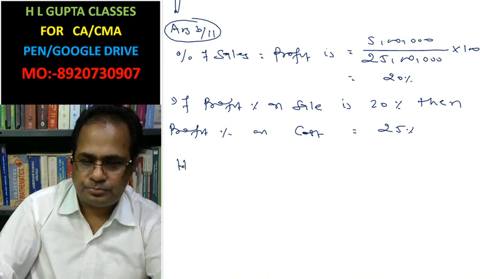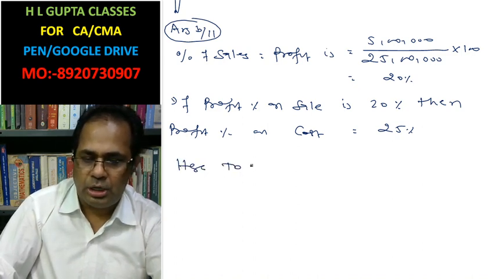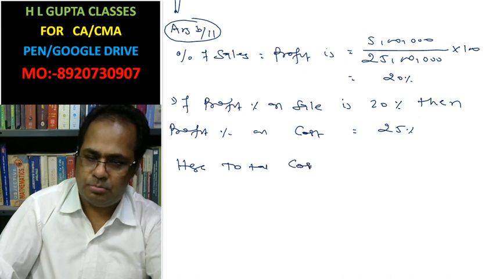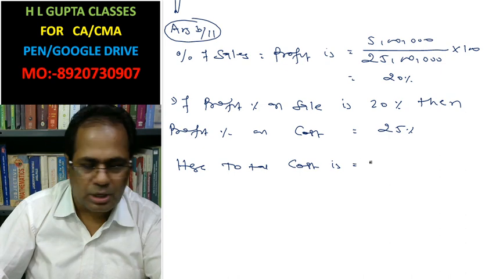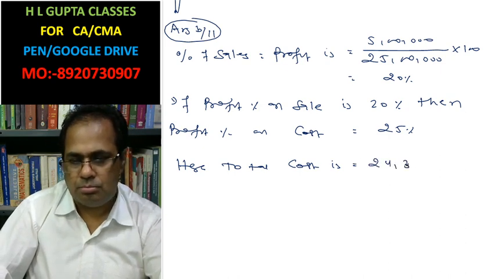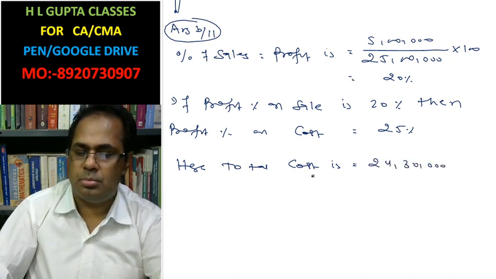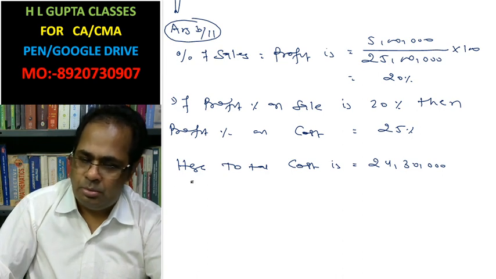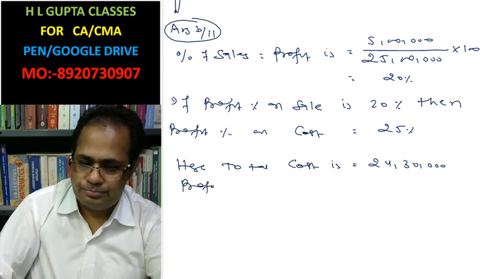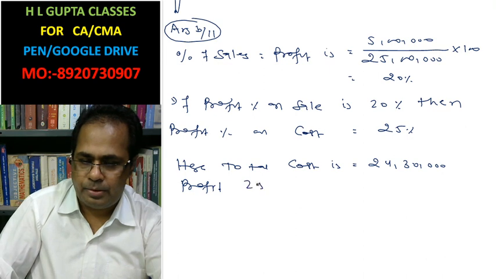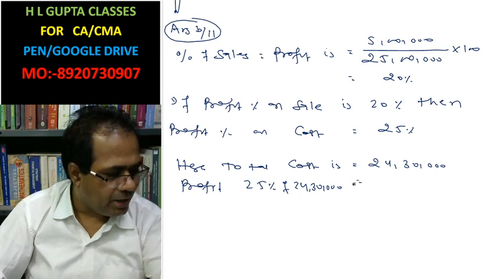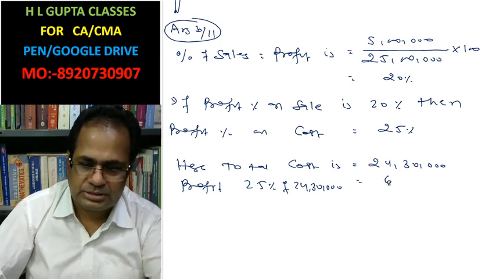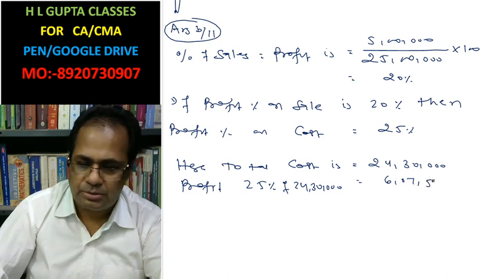Here total cost is 24,30,000. Profit: 25% of 24,30,000, that is 6,07,500.